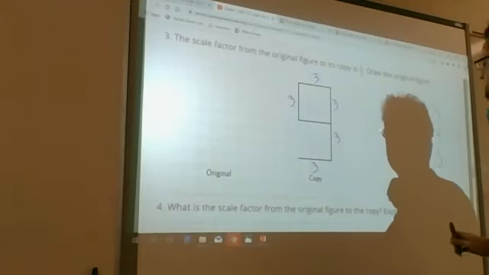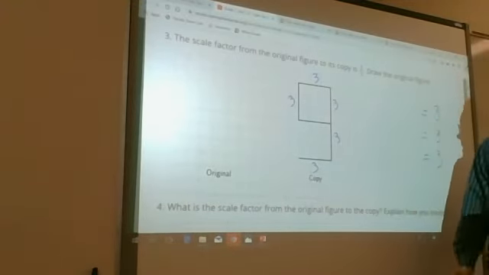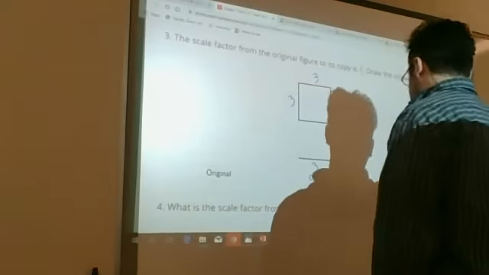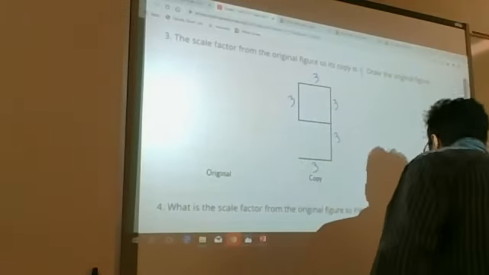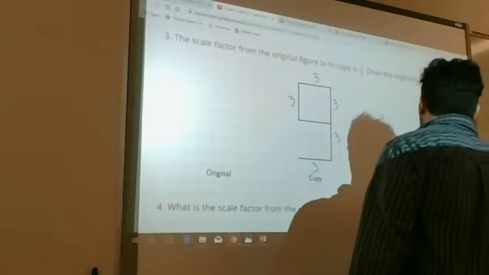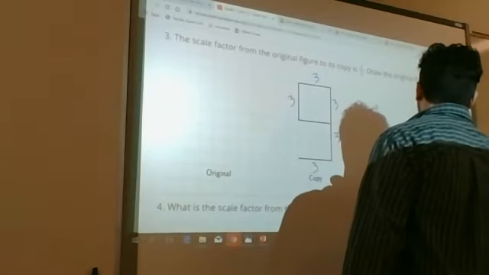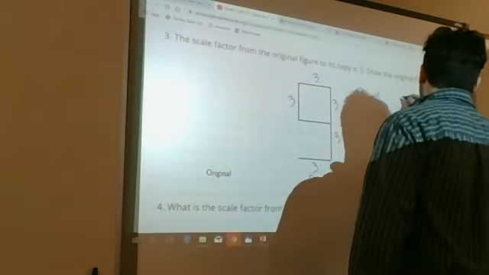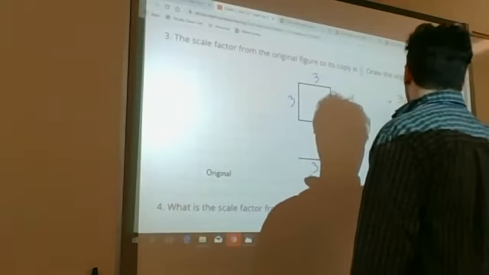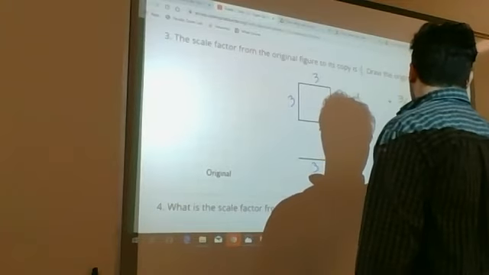Here, it doesn't give us the original and the scale factor. It gives us the copy and the scale factor, which means we have to write the second set of numbers first. And then we already know that the scale factor is 3/2. So now it's kind of like a division problem.